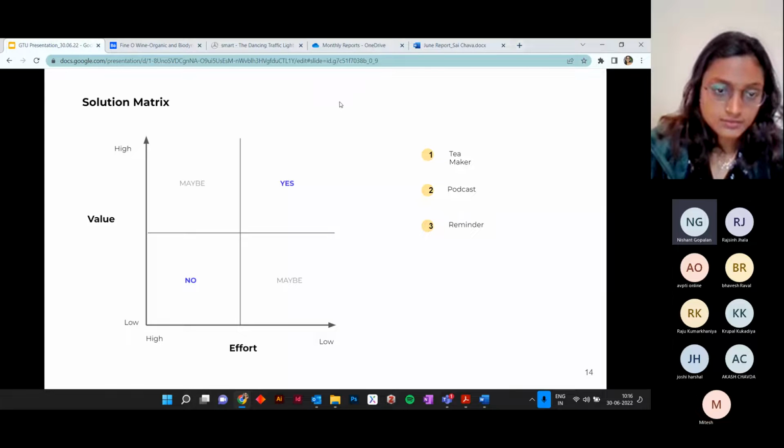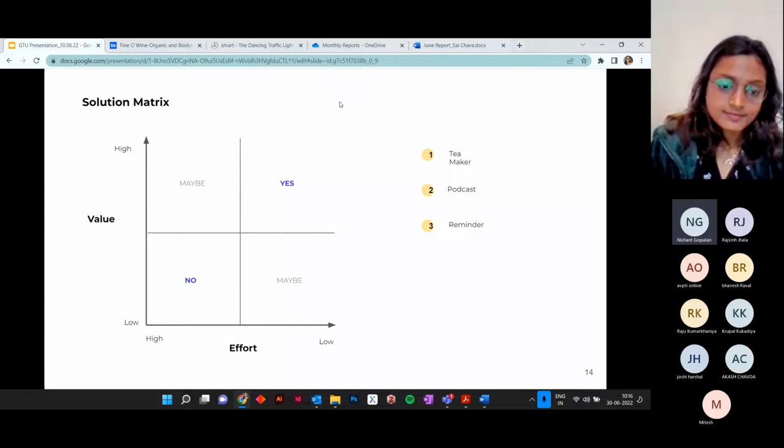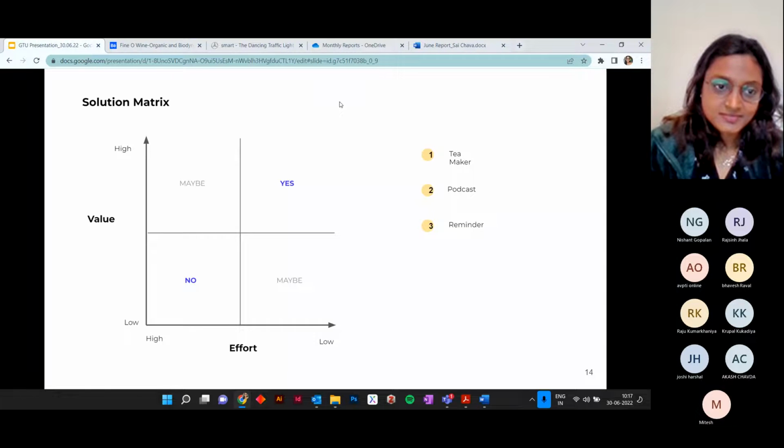So top right. And tea maker is, I don't know. I don't know if it counts as effort for you to go to the store and buy a tea maker and then install it. Maybe that is high effort and high value. Okay.